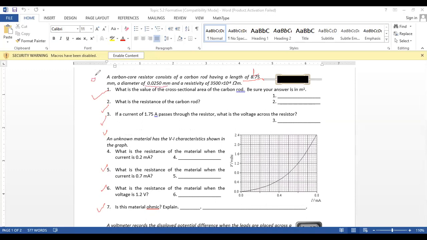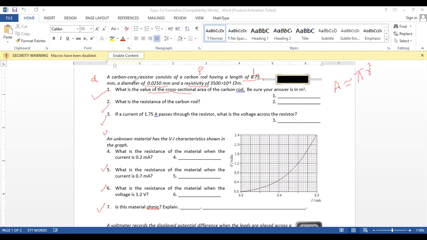This is D, and this is the resistivity, rho. What is the value of the area of cross section? So you have to calculate the cross-sectional area. I told you the formula for the cross-sectional area. A equals pi r square. So you need r.